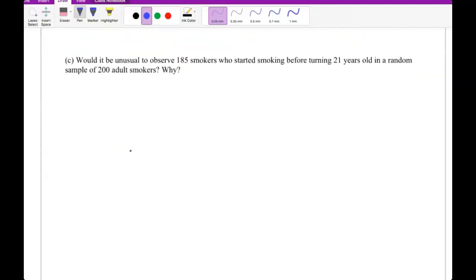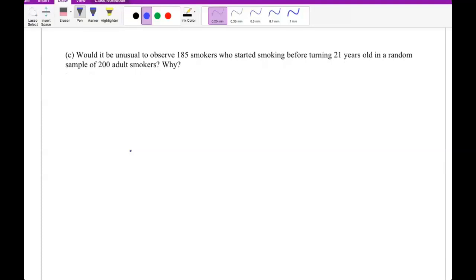Okay, now part C. Would it be unusual to observe 185 smokers who started smoking before turning 21 years old in a random sample of 200 adult smokers? Why? Well, here we have 185 smokers.